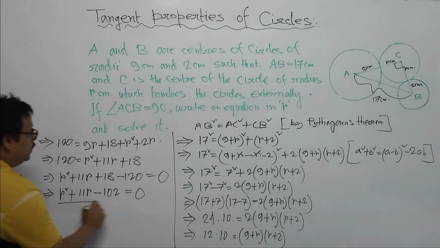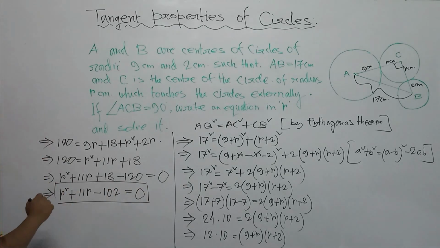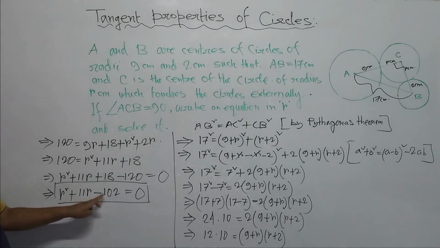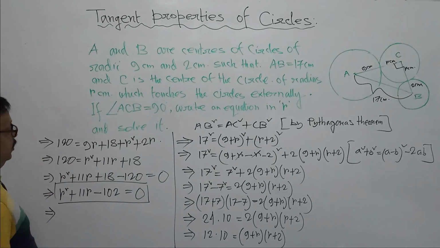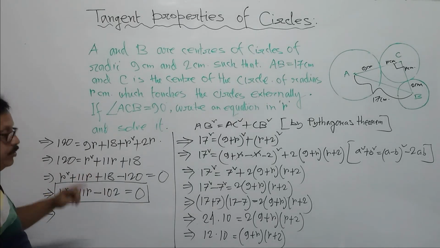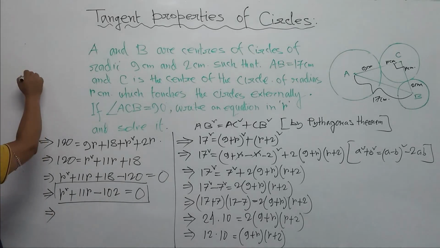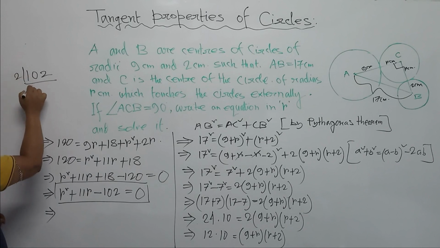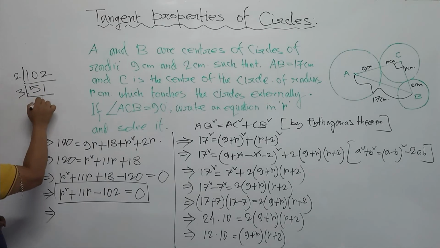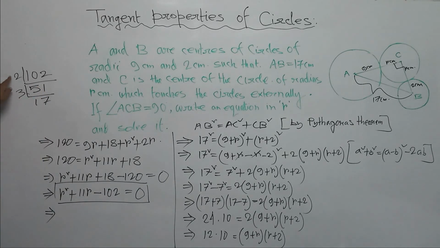Now it is clearly a quadratic equation of r. Now we get to solve it. So factorize this part. The coefficient of r square is equal to 1. So 1 into 102, that is 102. Now factorize 102. What are the factors? 2, 3 and 17.